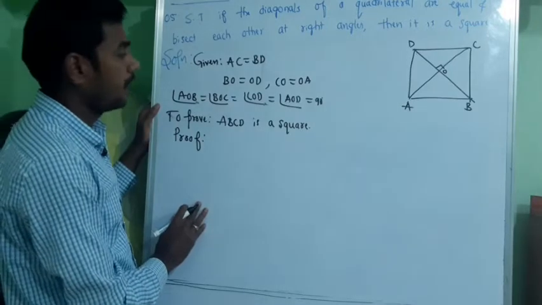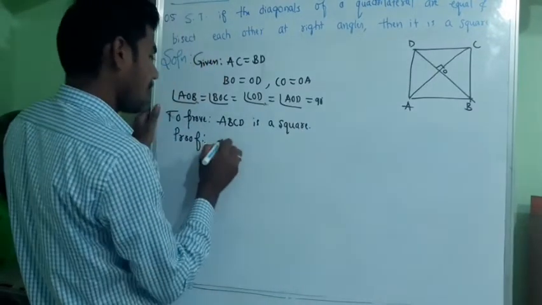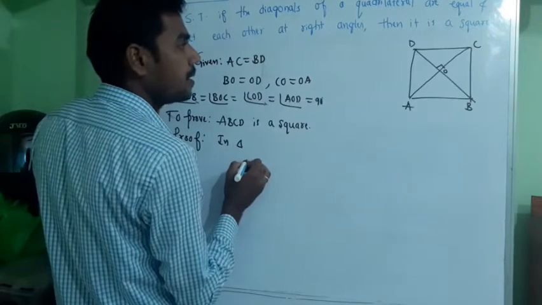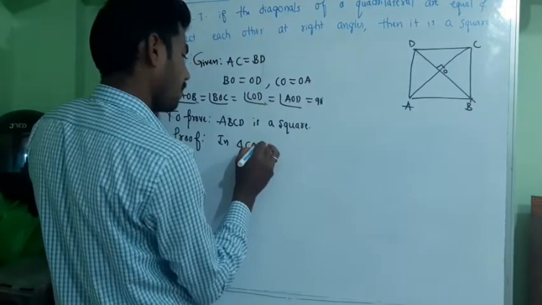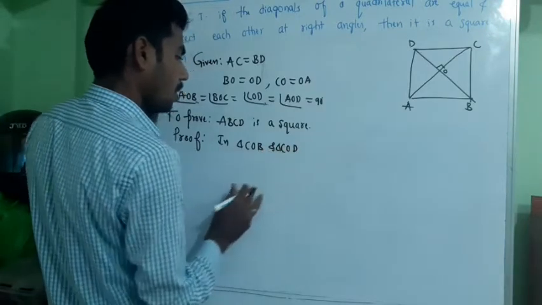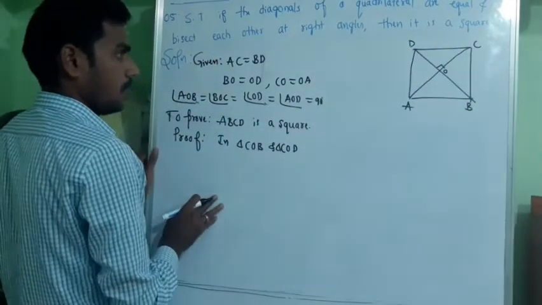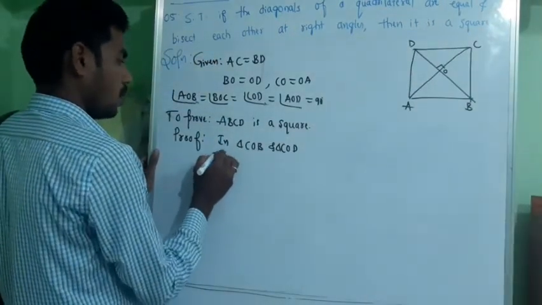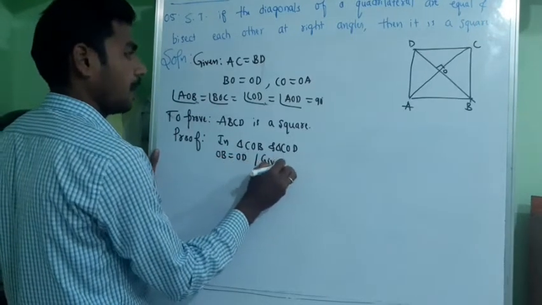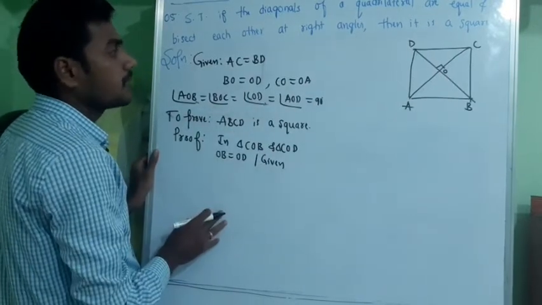So from where should we start? See, we'll consider adjacent triangles. Consider triangle COB and COD. In triangle COB and COD, OB is equal to OD, it is given, because diagonals bisect each other.